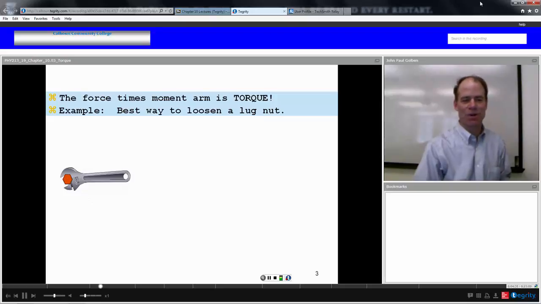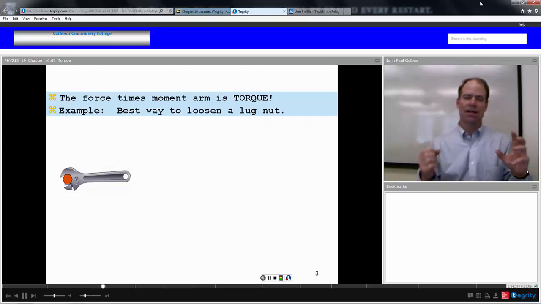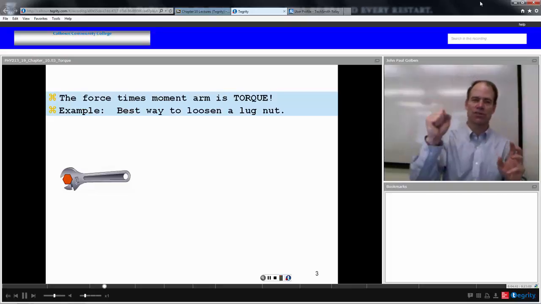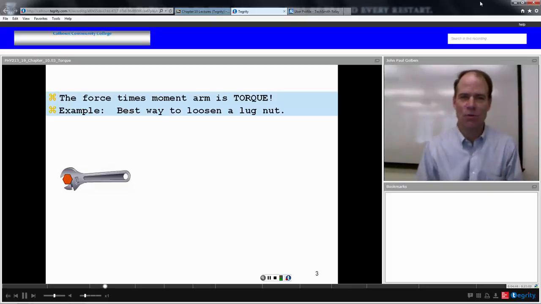Maybe not, you probably won't use this kind of wrench, but you find some kind of crowbar or wrench and you put it on the lug nut and you try to turn the lug nut. Probably would have the wrench the other way around, but you try to turn the lug nut and it won't budge because the last time you had your tires changed, you had taken it into the shop and they used one of those pneumatic impact wrenches and they tightened it beyond human capability of loosening.